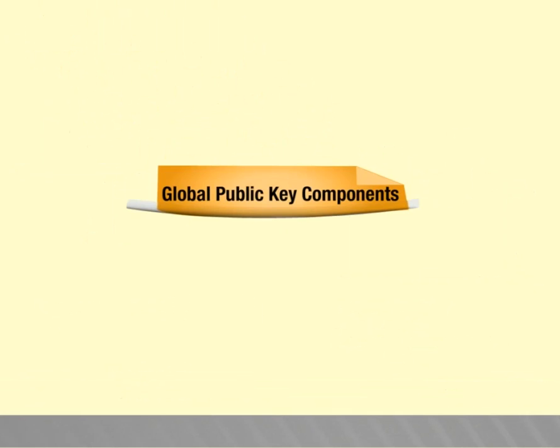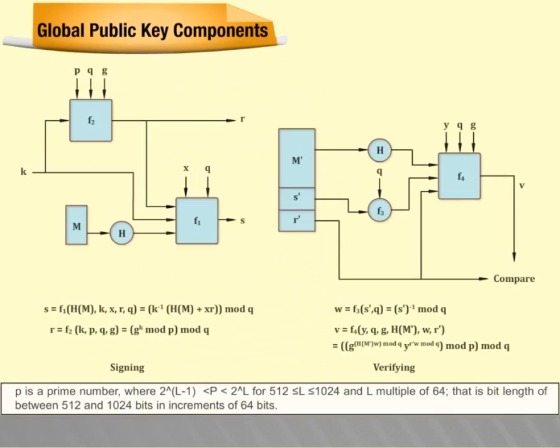Global public key components. p is a prime number, where 2^(L-1) < p < 2^L, for 512 ≤ L ≤ 1024 and L a multiple of 64.